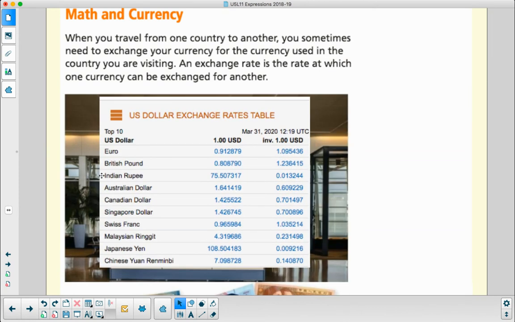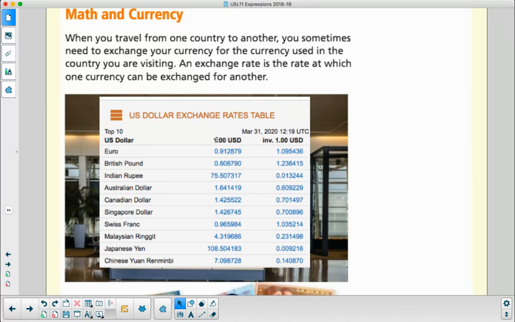I decided to just pull out what the exchange rate for the US dollar was today. My today is March 31st. Your day could be lots of things. The US dollar in euros, look at this long decimal. It goes tenths, hundredths, thousandths, ten-thousandths, hundred-thousandths, millionths. It really goes way down.